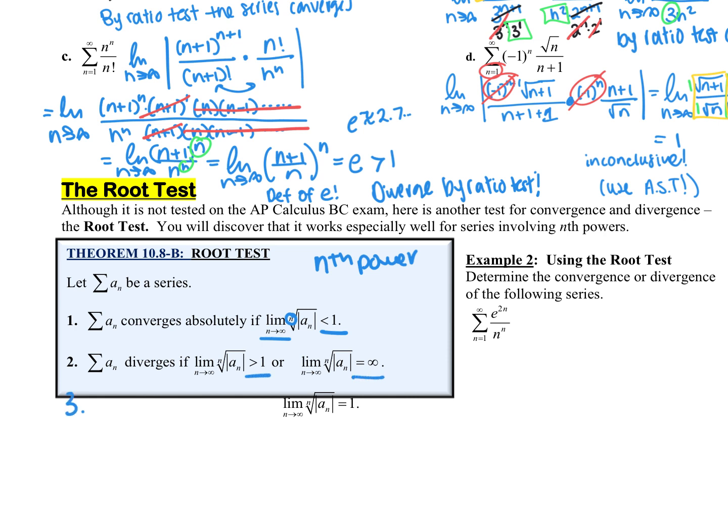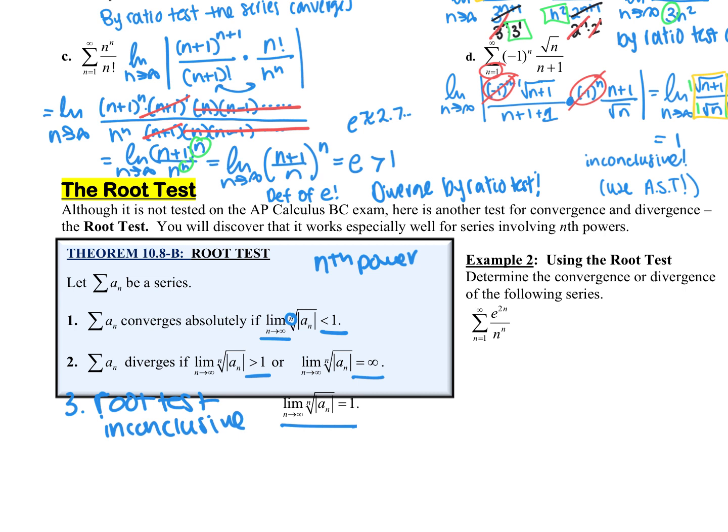And then 3, the root test is inconclusive if the limit is equal to 1.